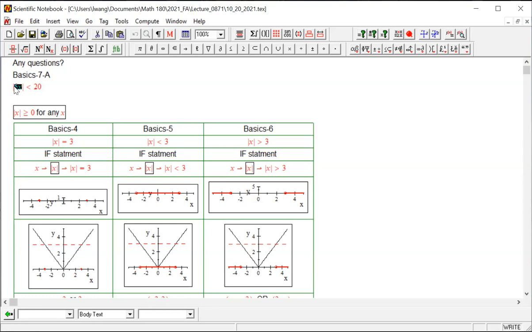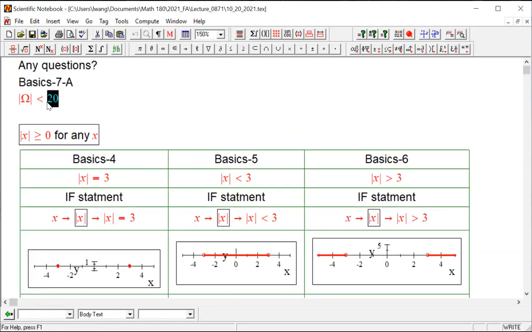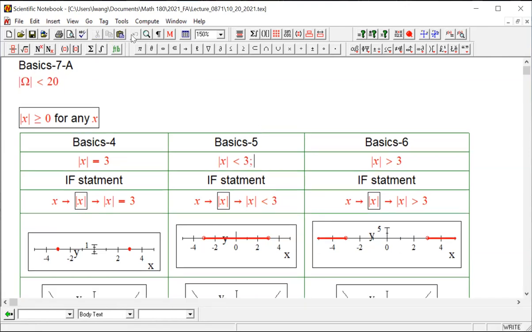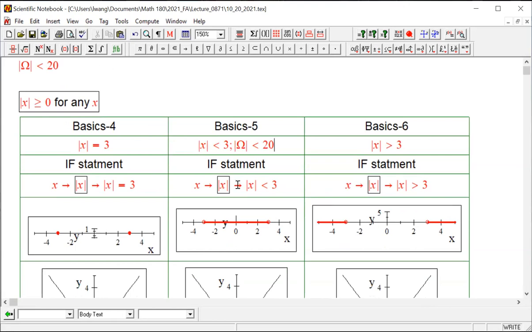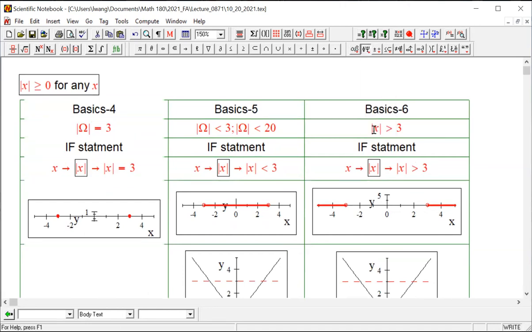I would see this 5x as just one symbol. 20 is in a similar row to 3, so omega less than 20, these two questions are similar. You just see this as omega now. So x turned into bologna.